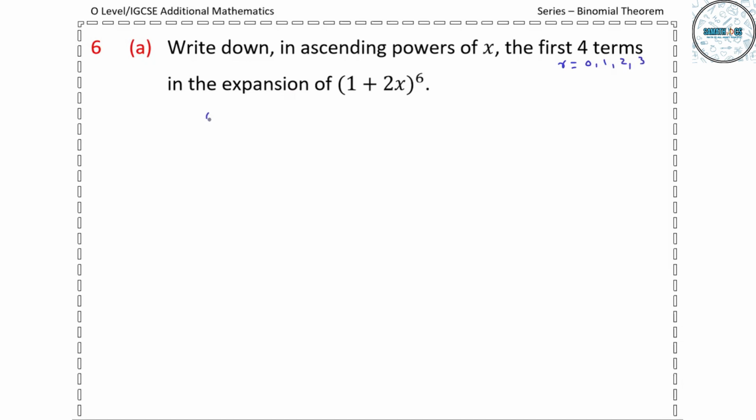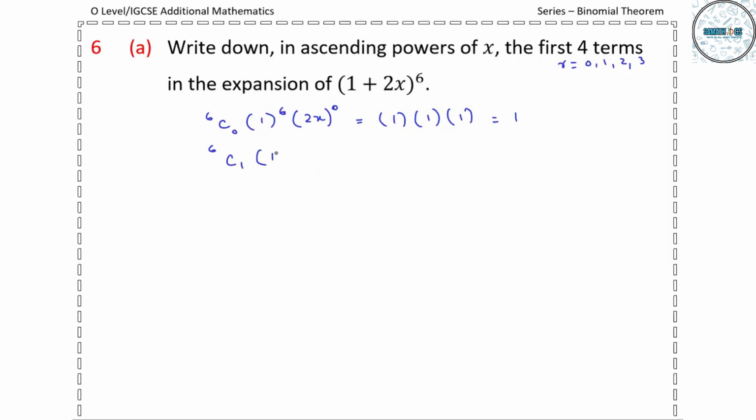So for the first term, 6C0, 1 power 6, 2x with power 0, which is equal to 6C0 is 1, 1 power 6 is 1, 2x with power 0 is 1. Finally, it is 1.